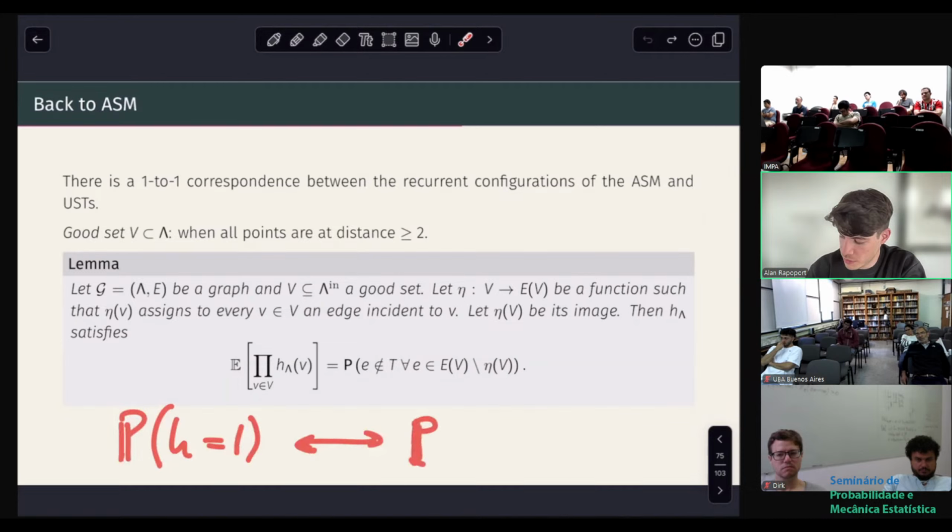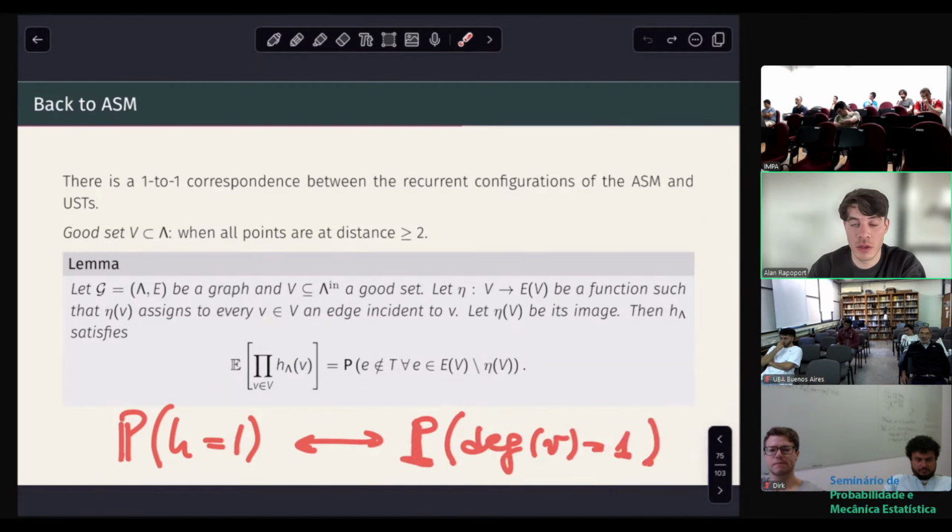This is a different measure of probability of having degree 1 in the USC. So two completely different systems: one is the USC, the other one is the ASM. One probability is equal to a constant times the other probability.